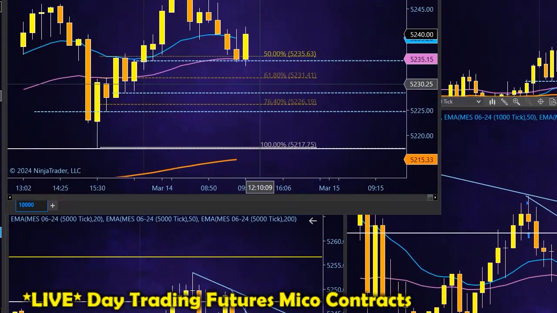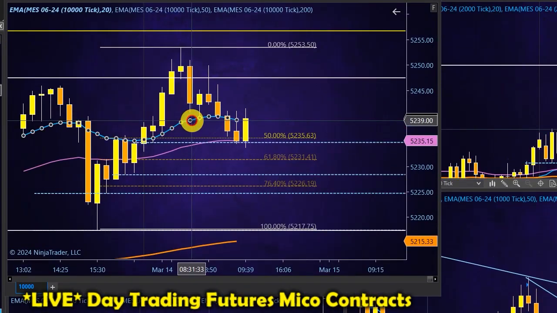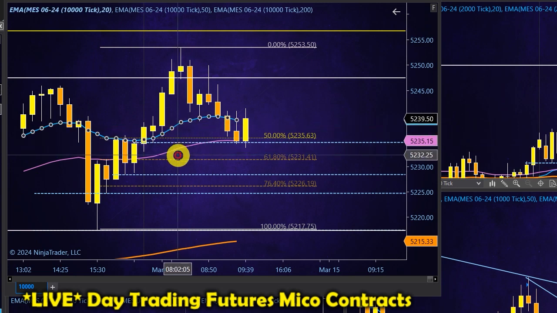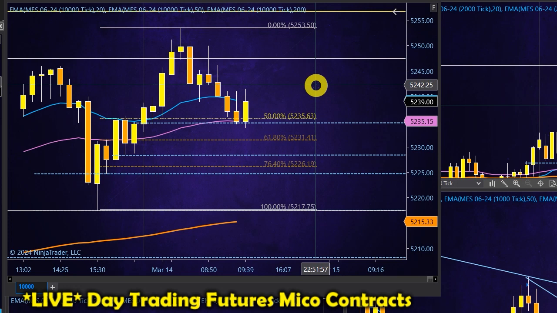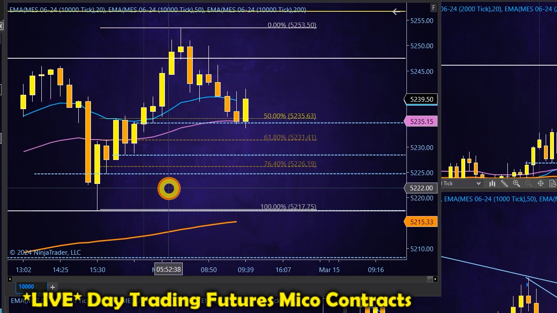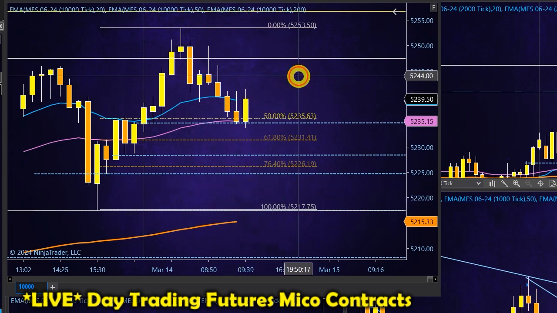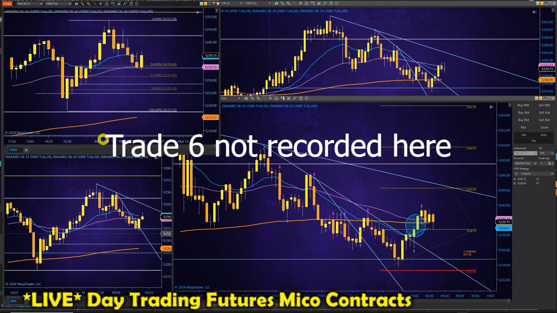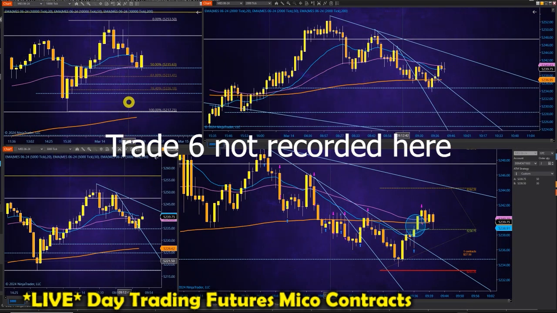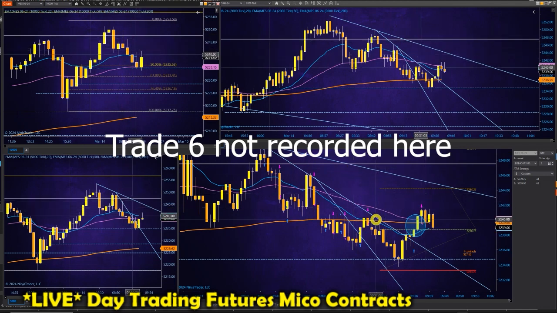I guess if price closes back strongly above these two moving averages, that would also be a good sign, which hasn't happened. I need to optimize my trading strategy because there are times when I can't just blindly take a trend line trade just because price and the moving averages are going in the right direction on all time charts. There's something missing, and I need to figure out what that is, right?